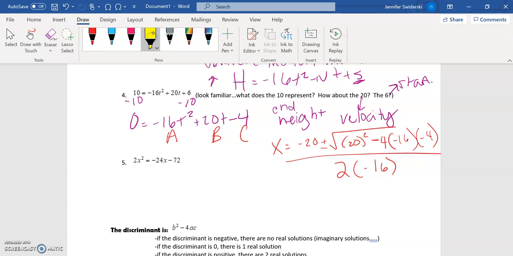I'm going to let you go ahead and solve that. Put your answer in the box on your notes and send me the answer, and we're going to get started on number 5.